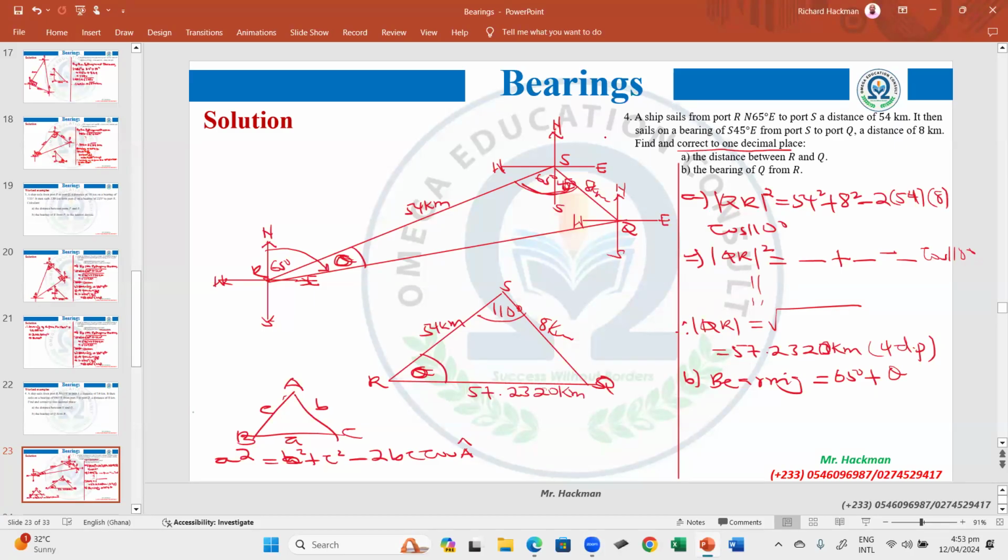If I may ask, is it possible to find theta without making use of any side or angle that we have found? If you want to find theta using the sine rule, are we going to involve the 57? Yes. So we cannot avoid it.